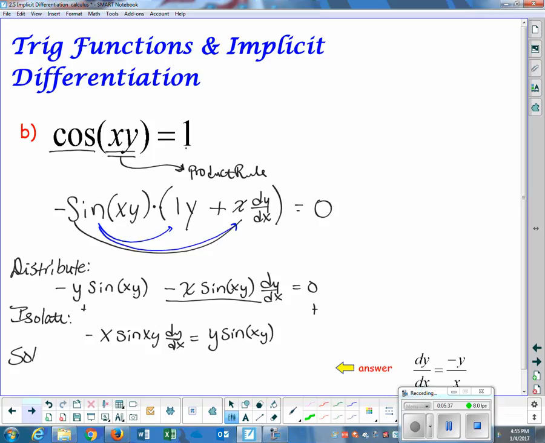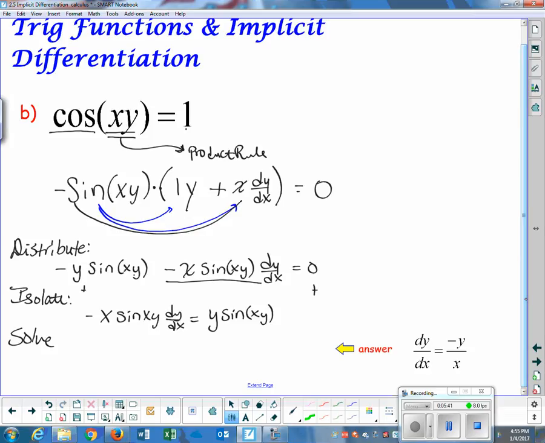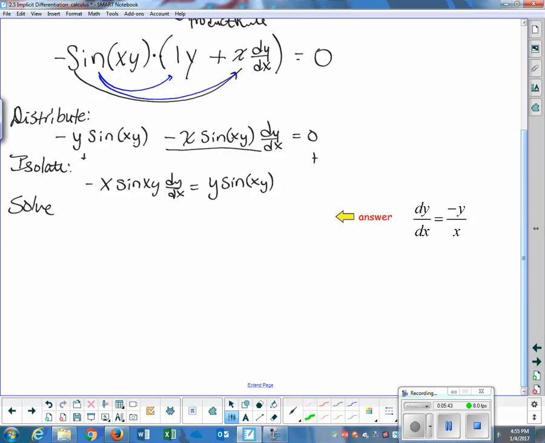Solve for dy dx. To solve for dy dx, I am going to divide by negative x sine xy, right? Negative x sine of xy and negative x sine of xy leaves me dy dx.